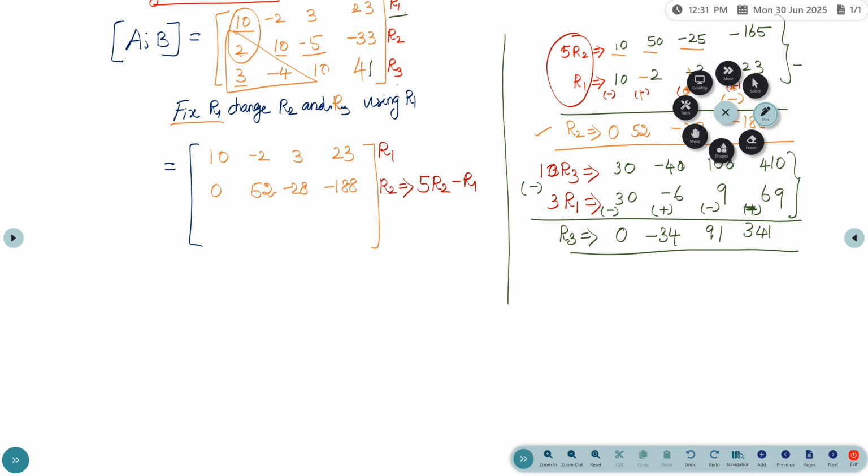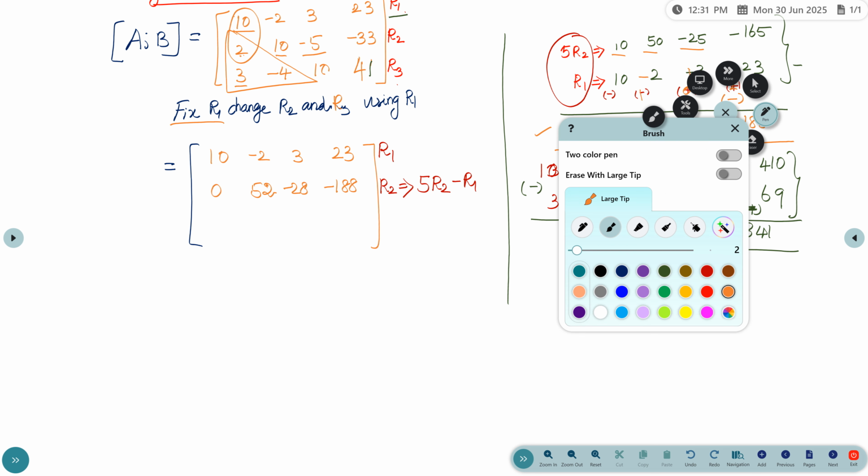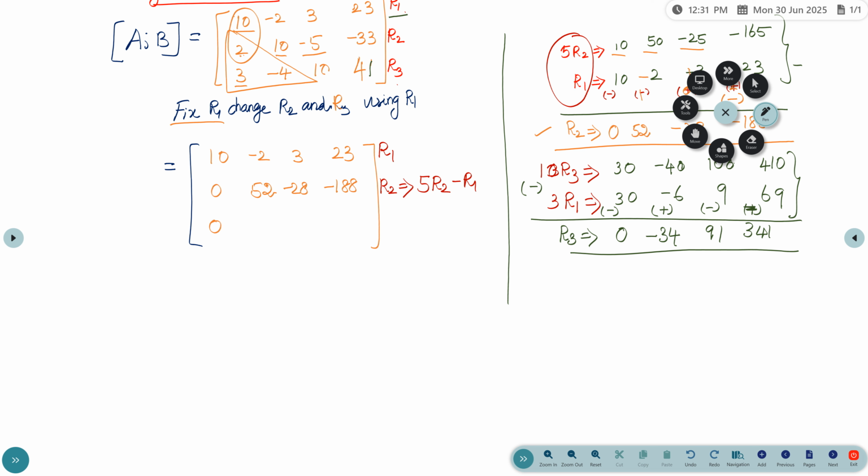Now you substitute this value into the matrix. So now what is your answer for R3? Your answer for R3 is 0, minus 34, 91 and 341. How can you get this answer?